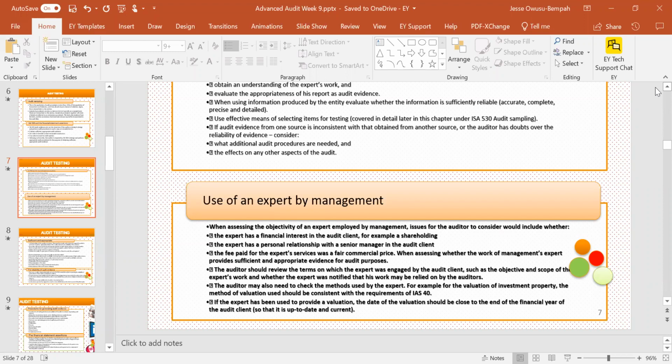So here you can get more than one expert to review the work of the previous expert to know whether it's appropriate or not. I see. Okay, that's a good point. And who has another thought?